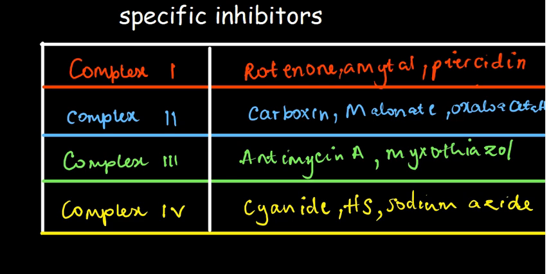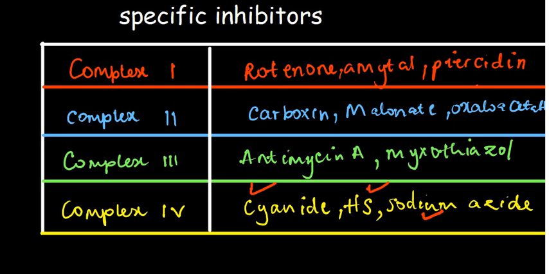In complex 3, you have antimycin A, which is an antibiotic, and myxothiazol. Complex 4 is inhibited by cyanide, as well as hydrogen sulfide and sodium azide.